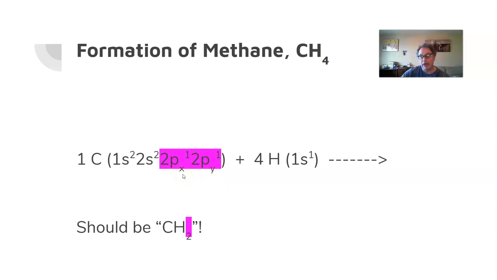The electrons go in individually before they pair up. If you take a carbon atom that looks like this, and 4 hydrogen atoms that look like this, methane should be CH2, right? I'm sorry, this 4 should be a 2. Methane should be CH2. But methane isn't CH2.